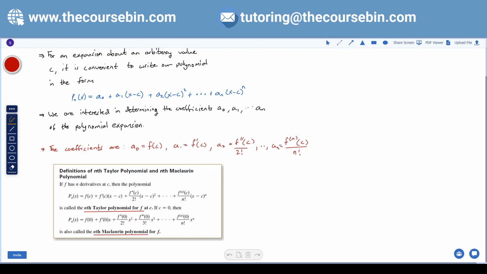Okay, so really the example that we did in the previous board was an example of the nth Maclaurin polynomial, right? When we did the 4th degree of e to the power of x centered at x equals 0. Well, actually, that one we didn't. No, yeah, we did. We centered it at x equal to 0, right? So that one was an example of the Maclaurin polynomial.